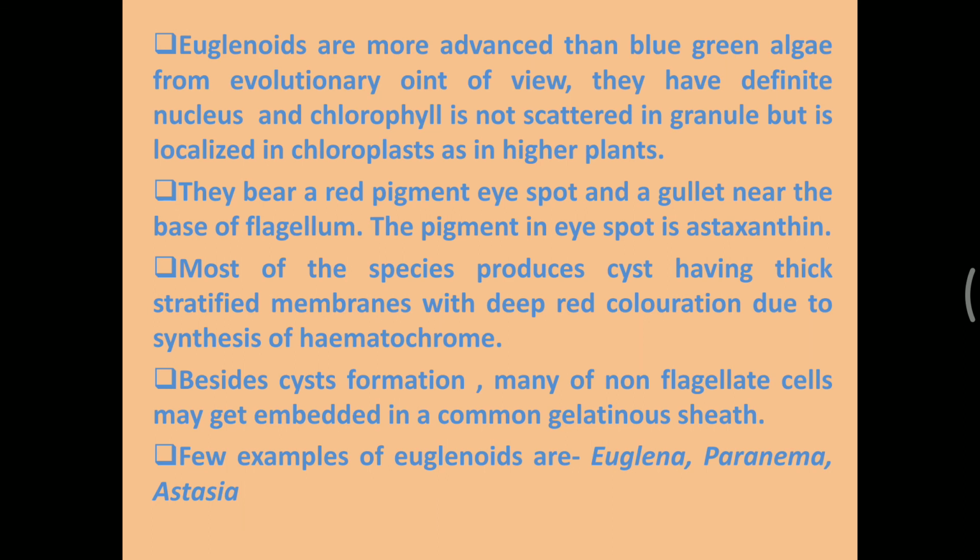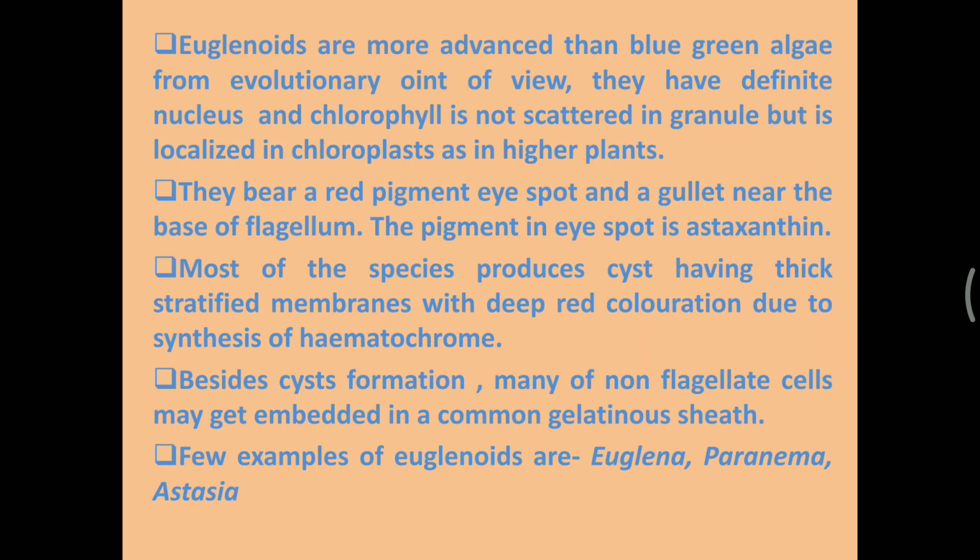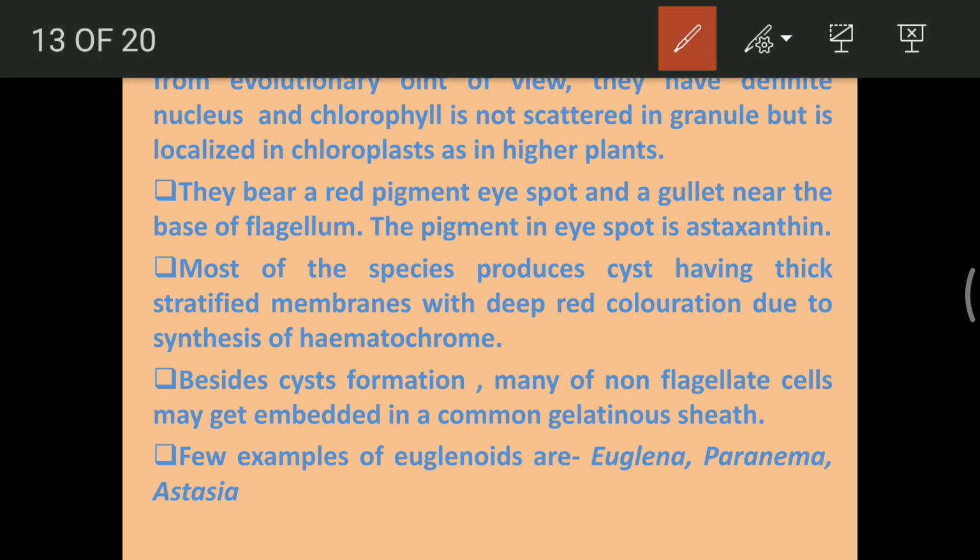So the eye spot is basically generated from astaxanthin. The pigment which gives rise to the eye spot is astaxanthin, and most of the species produce cysts having a thick stratified membrane with deep red coloration due to synthesis of haematochrome. Besides cyst formation, many of the non-flagellate cells may have an embedded gelatinous sheath.